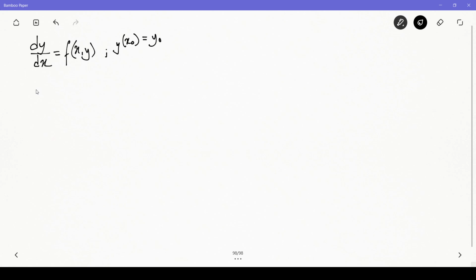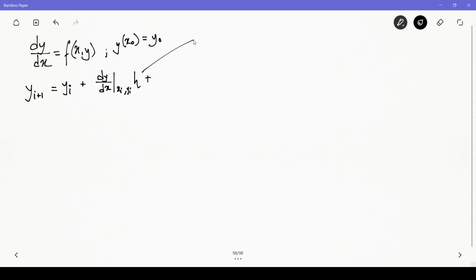Now, if you recall, we wrote our Taylor series in a different format in our last lecture, so we'll directly write that format. So the value of the dependent variable y at the (i+1)th step is the value of the dependent variable y at the ith step, plus the first order derivative of y with respect to x at the point (xi, yi), times h, where h is of course the step size.